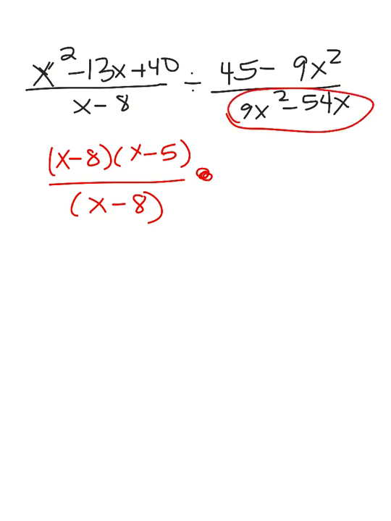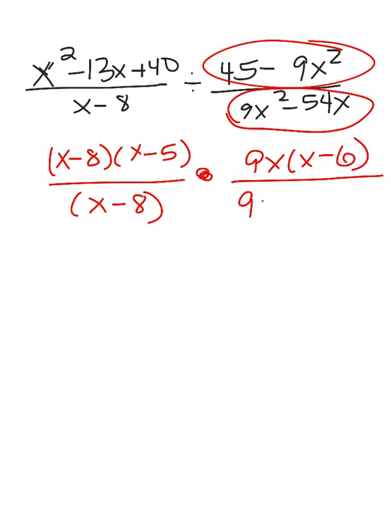The GCF of 9x squared minus 54x is 9x, times x minus 6. Over, in the numerator, the GCF is 9x, I'm sorry, I forgot the x there, times 5 minus x. All right, so now we can reduce.